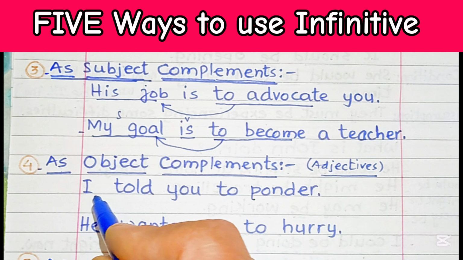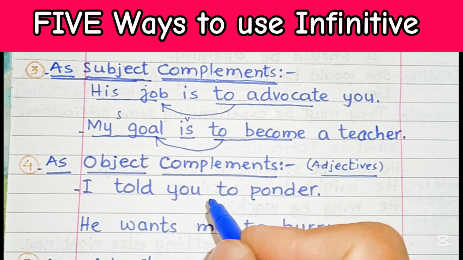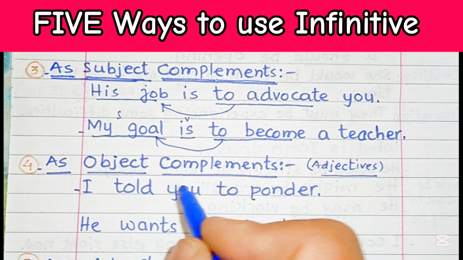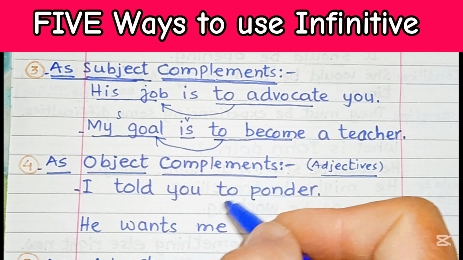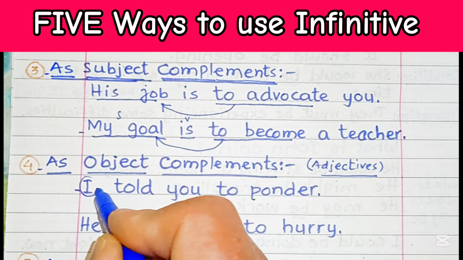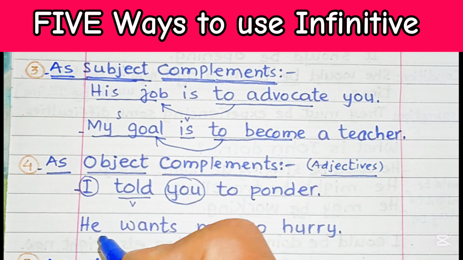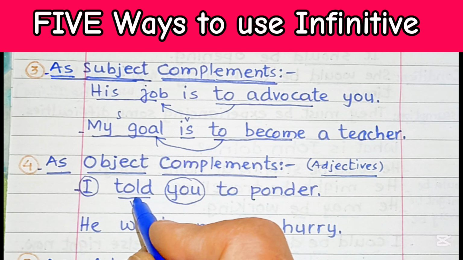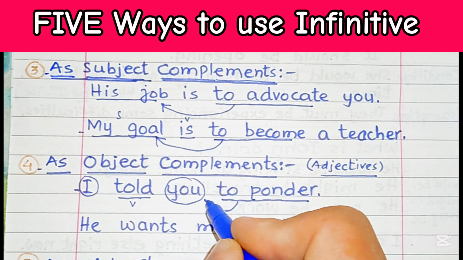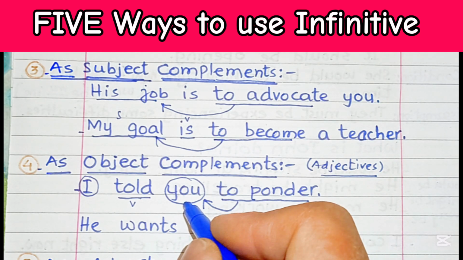This is the question, and "I told you to ponder upon a particular situation" is the answer. Over here, I is the subject, told is the verb, and you is the object. Now this infinitive "to ponder" is providing us more information about you, which is the object of this sentence.